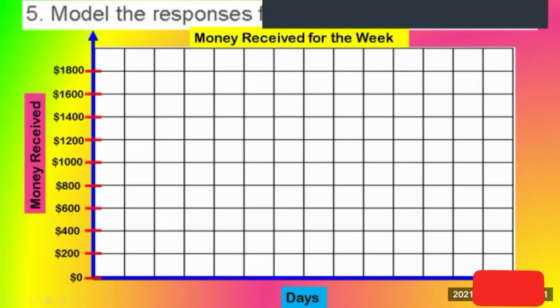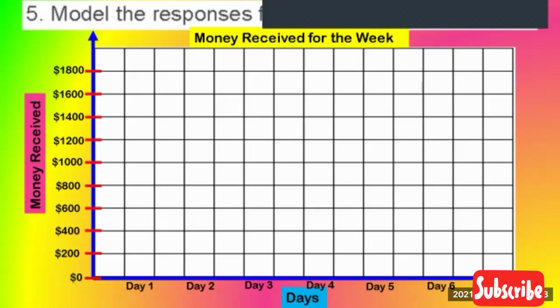So we have day 1, and remember that the different bars should be equal space apart. So we have day 2, day 3, all the way up to day 7. And there is something that we need to make note of as well, because we will be representing both sets of data on this graph.